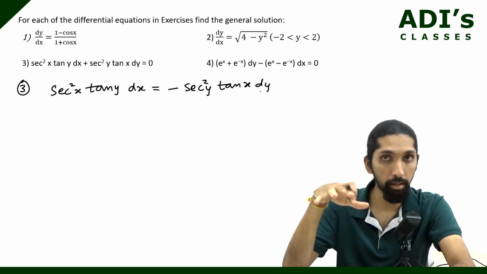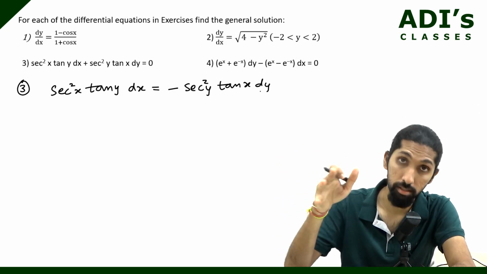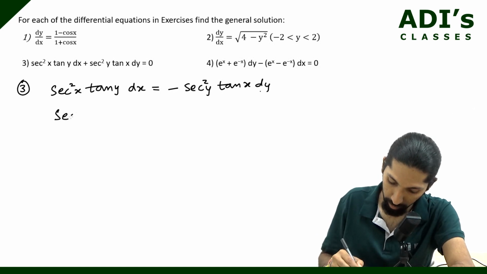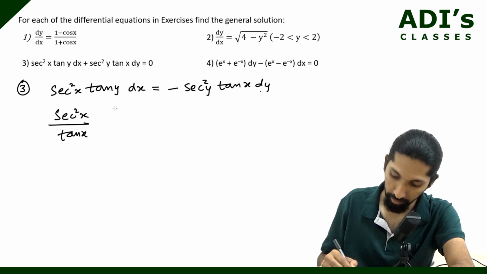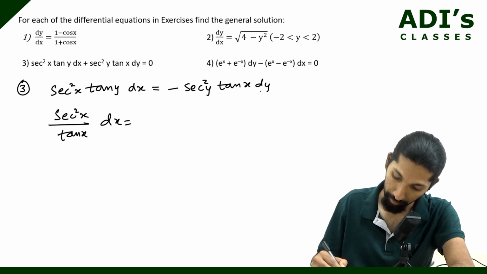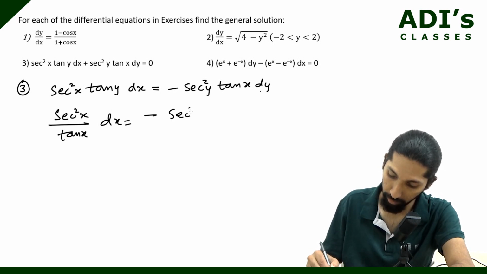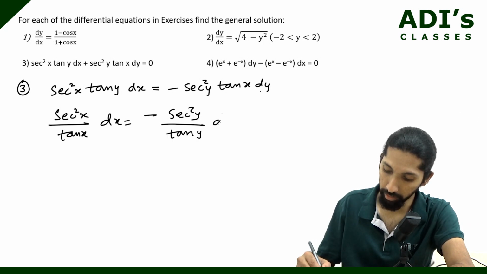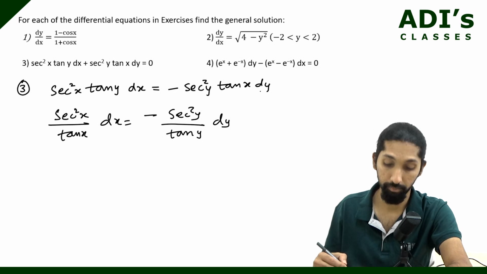Take all the y terms on one side, take all the x terms on one side. That means you have secant square x divided by tan x dx is equal to minus secant square y divided by tan y dy. Correct?